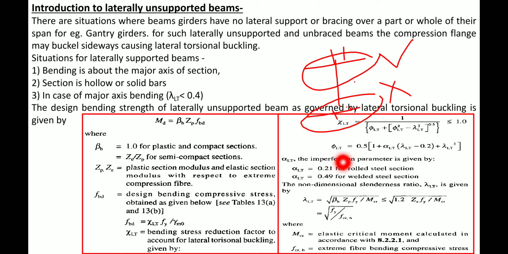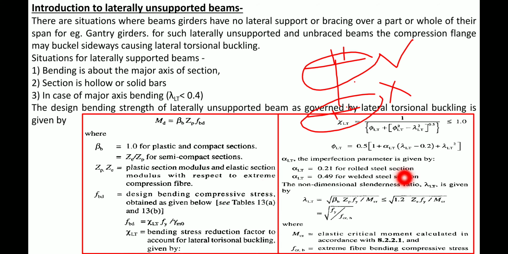So phi LT is equal to 0.5 times of 1 plus alpha LT into lambda LT minus 0.2 plus lambda LT square, where alpha LT is the imperfection factor or parameter given. It is alpha LT equal to 0.21 for rolled steel sections, and if welded sections are there, we can take the value 0.49.